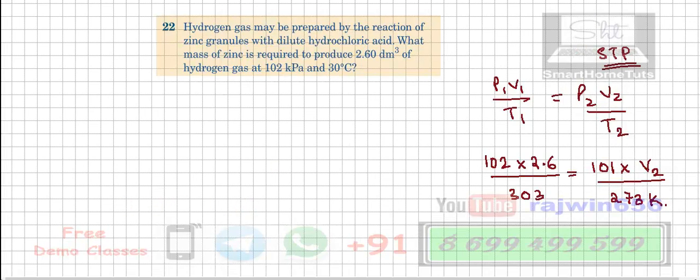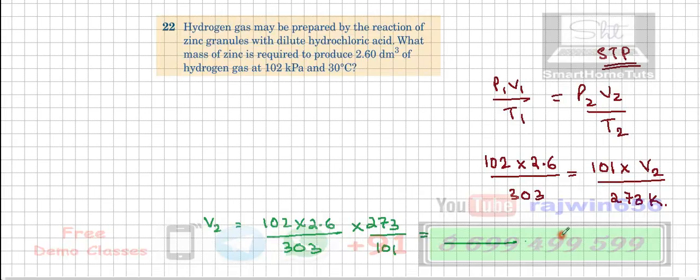Okay, so this is going to give us the volume V2, which is equal to 102 into 2.6 upon 303 multiplied by 273, and 101 will come here. This is the volume of hydrogen gas that we are going to get.